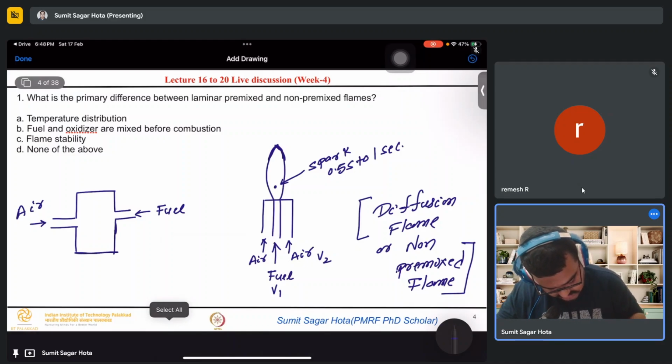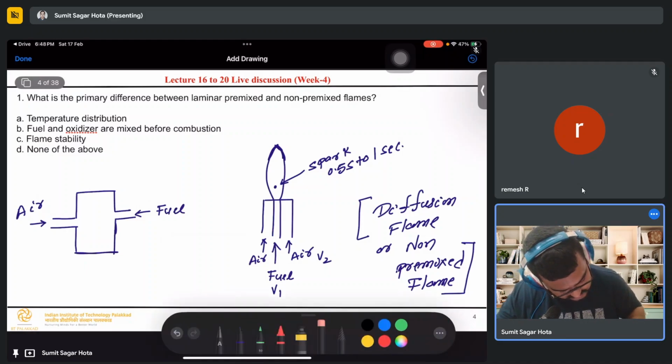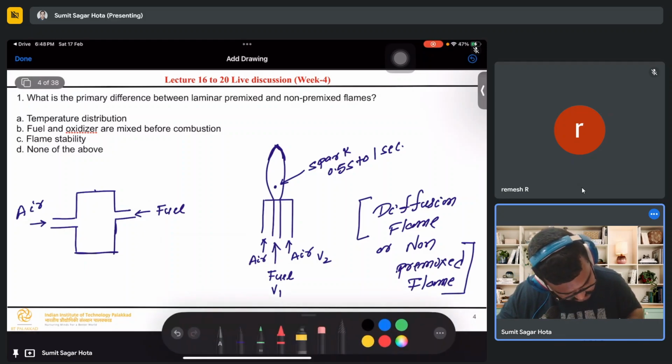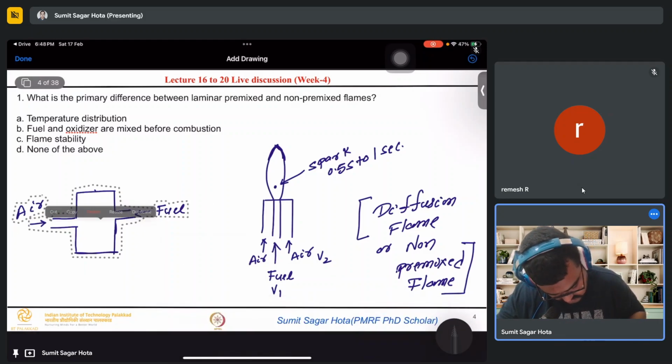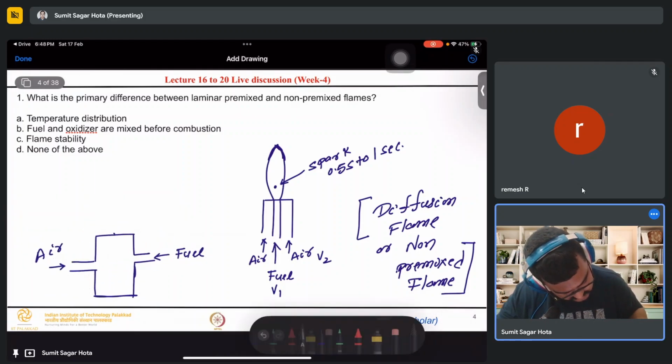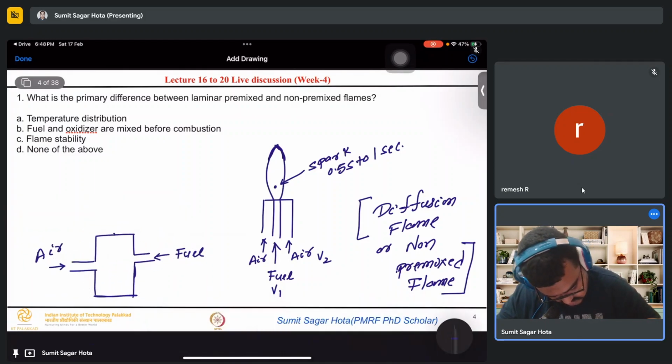So here air supply, here fuel supply, and here there will be the flame.